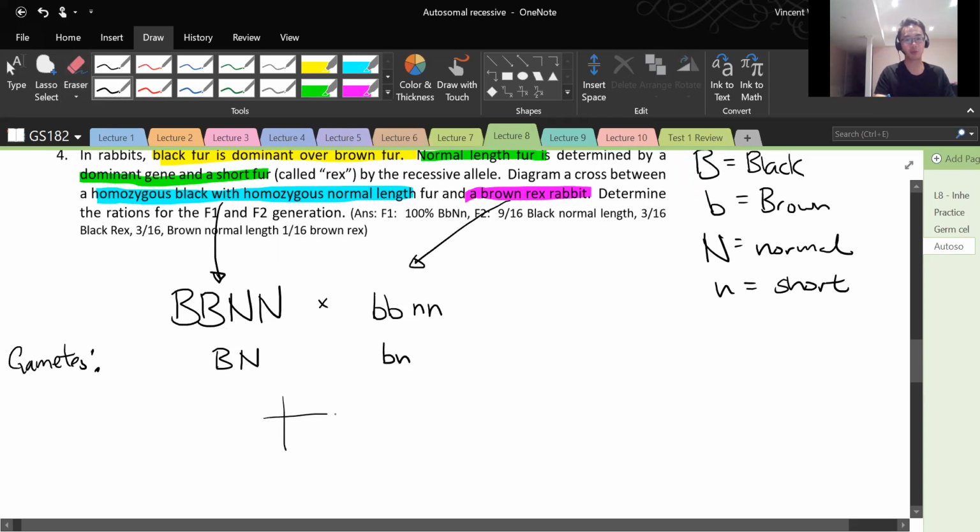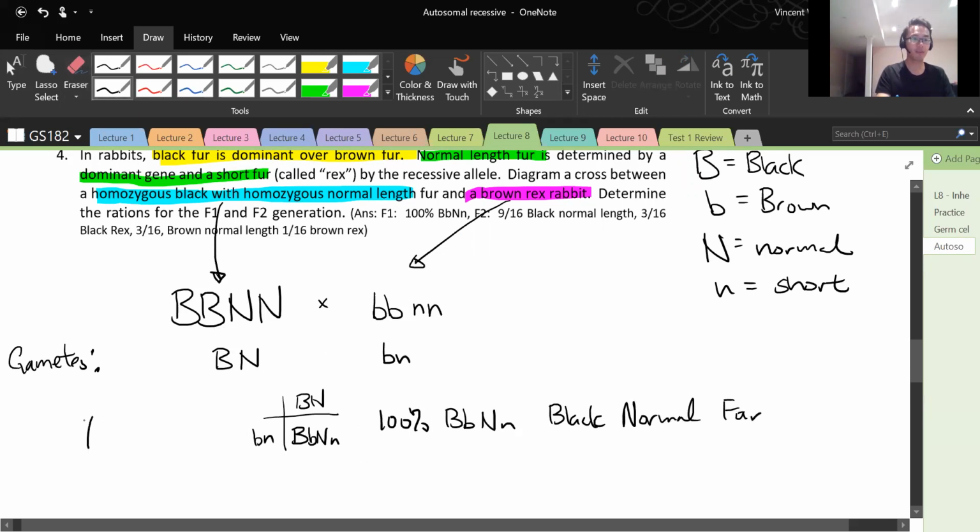You don't really have to do a Punnett square because it's only one thing, but you could. So you would end up having 100% black normal fur. Okay, so this is what we call the F1 generation, the first generation.